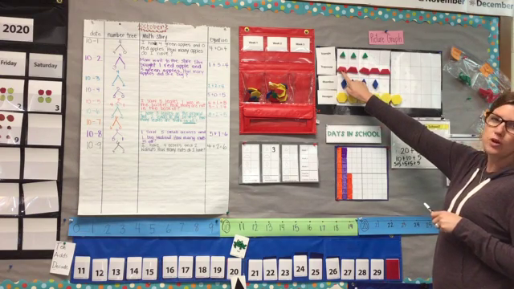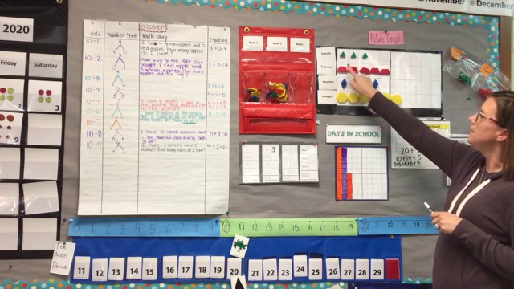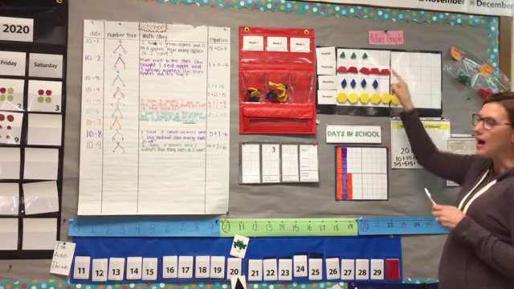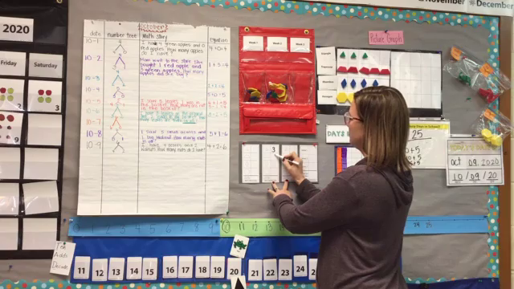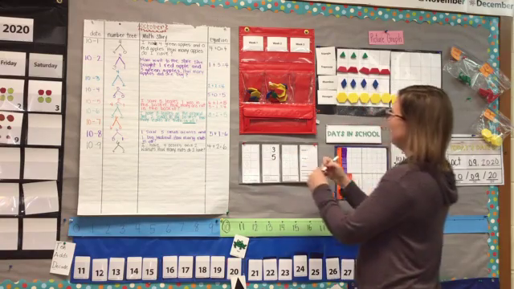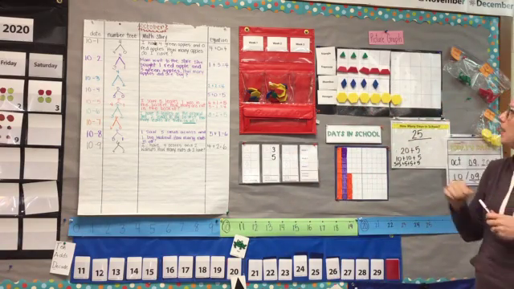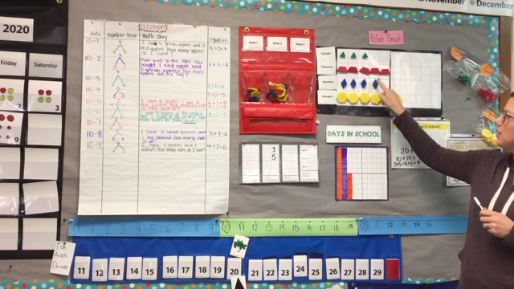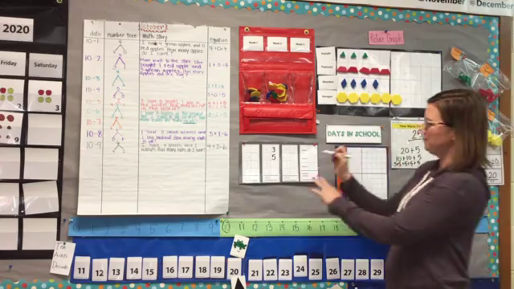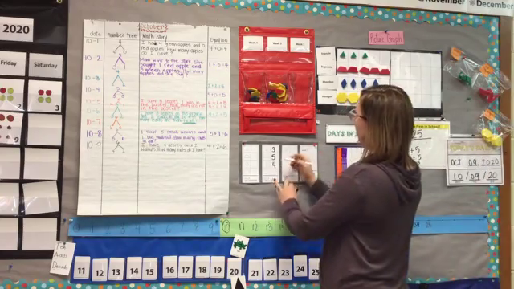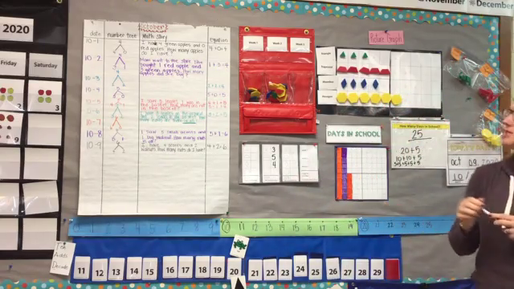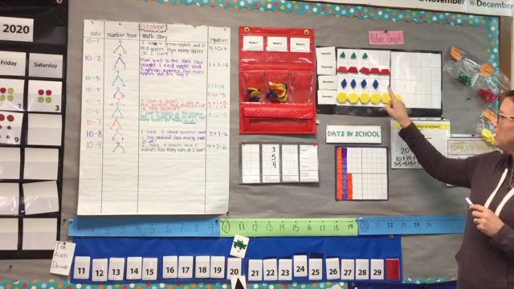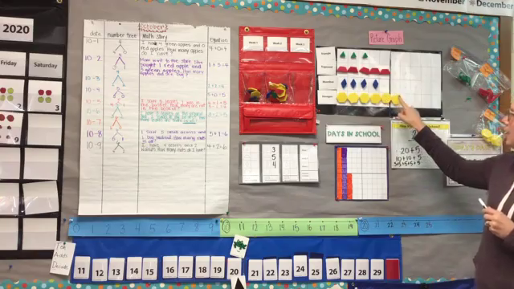Okay, let's look at our trapezoids. 1, 2, 3, 4, 5 trapezoids. Now let's count our blue rhombus. 1, 2, 3, 4. And last, our hexagons. 1, 2, 3, 4, 5, 6.